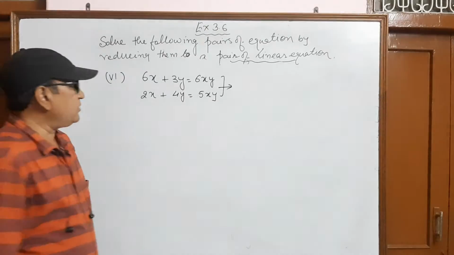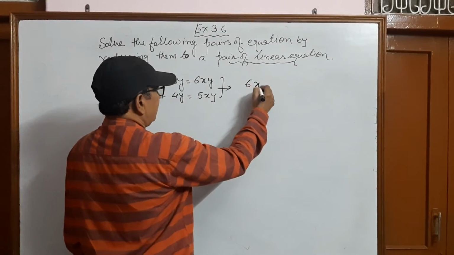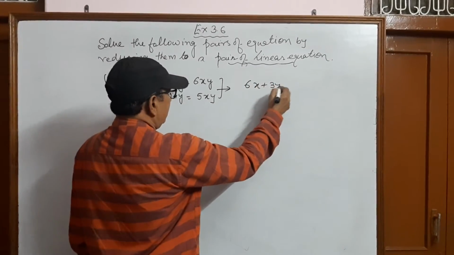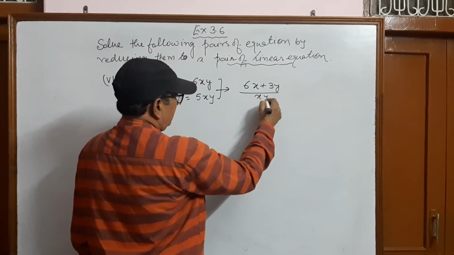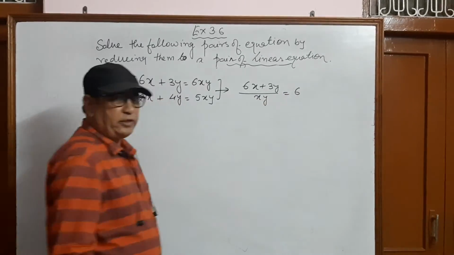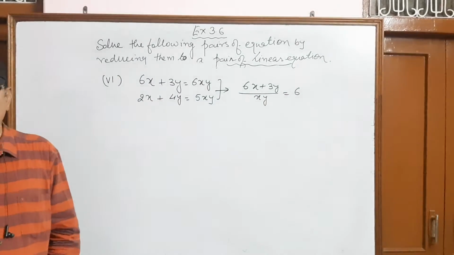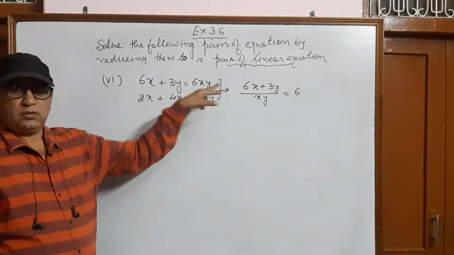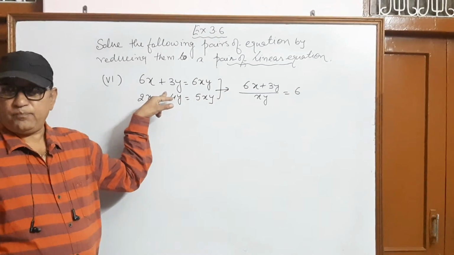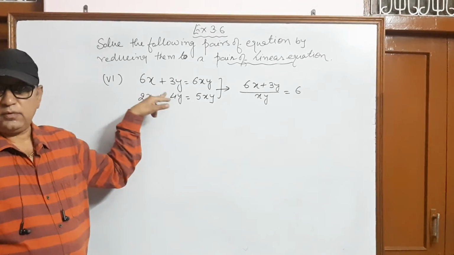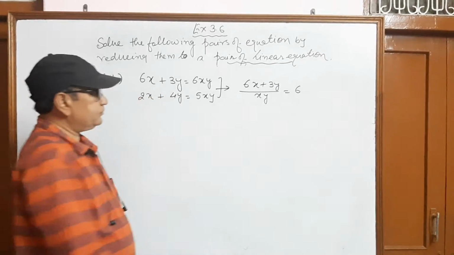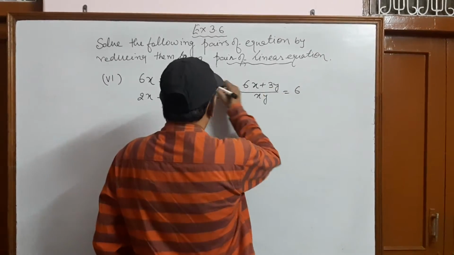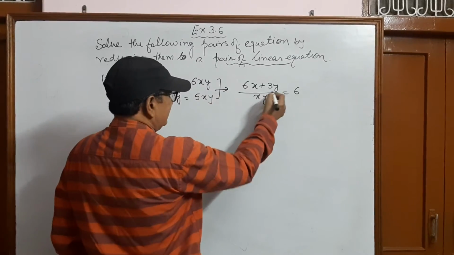By simplification, 6x plus 3y upon xy, divided by the variables xy. On the right hand side, xy we put in the denominator.